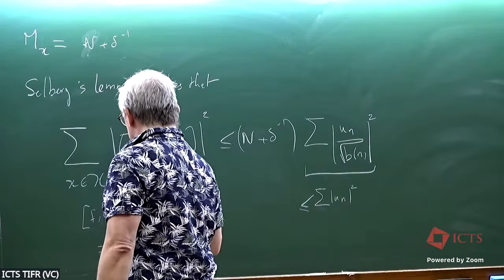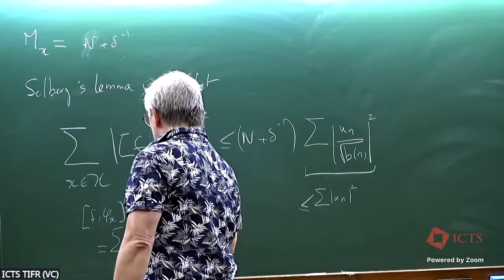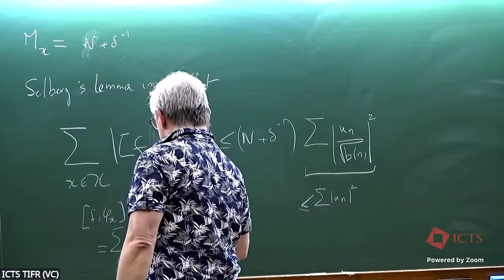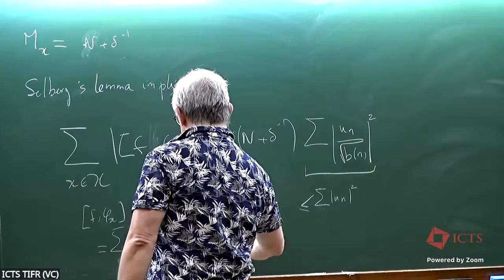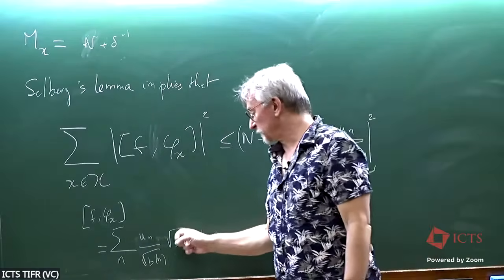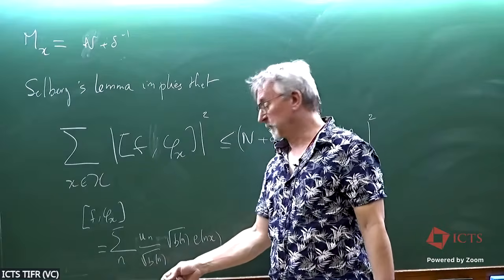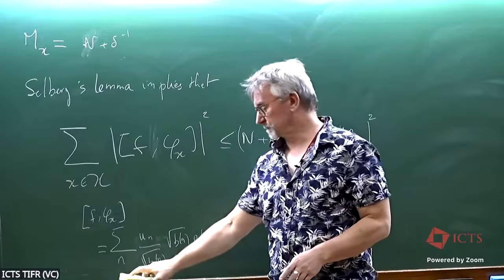Sum for n of u_n upon square root of b_n times square root of b_n e_n(x). My square root of b_n cancels out. I get u_n e_n(x).